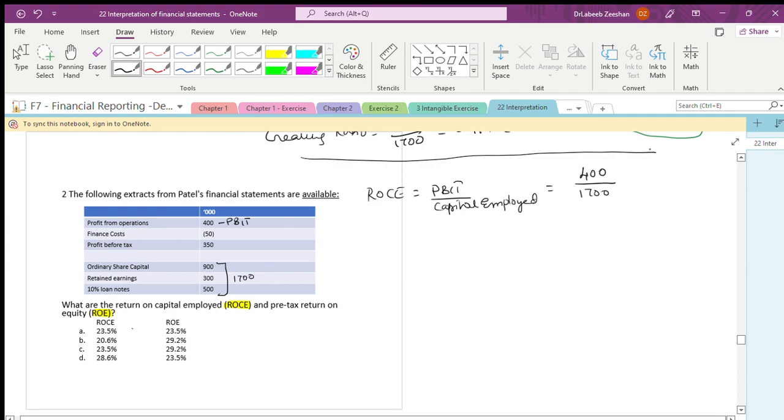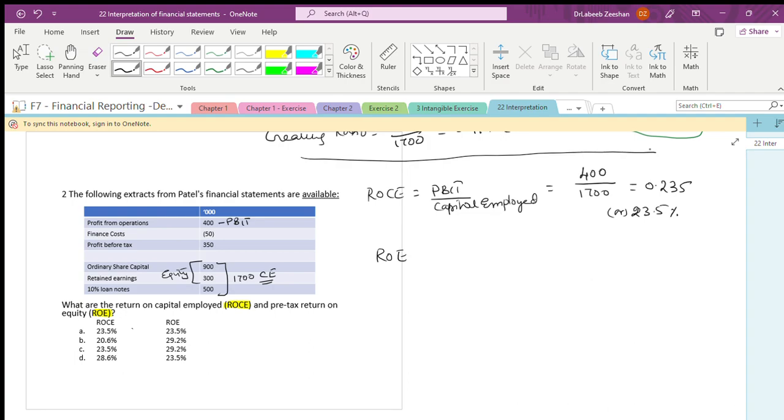If you take into consideration, this is the equity and this is the capital employed. How much will you get? 400 divided by 1,700 is 0.235, or 23.5%. The formulas will never change. Only the information will be plus or minus. As simple as that.